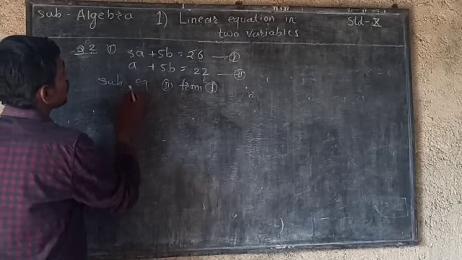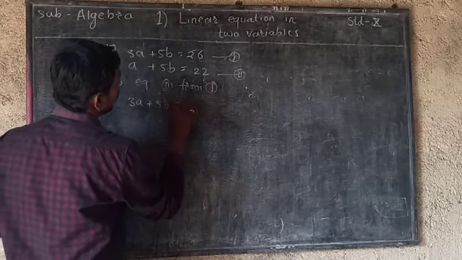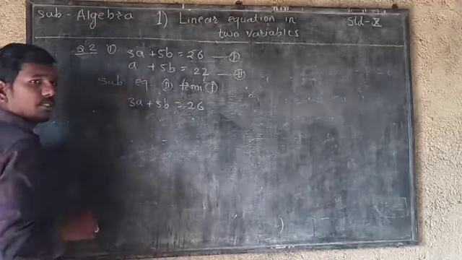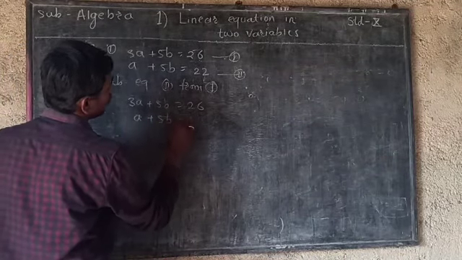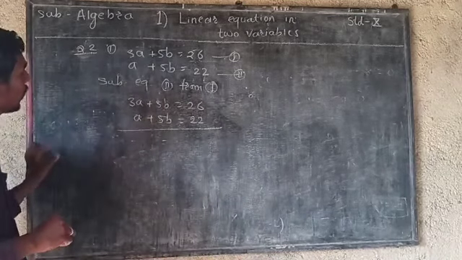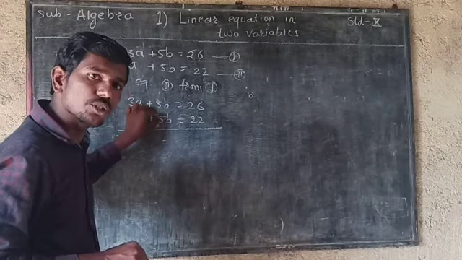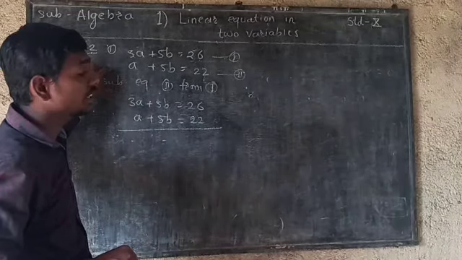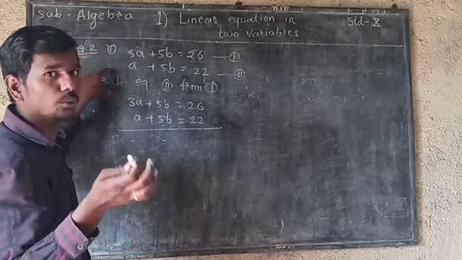Okay, how? So 3a plus 5b is equal to 26, right? And the second is a plus 5b is equal to 22, right? Okay, now you can see here 5b, 5b both are positive, but when we subtract the equations in two variables, right?